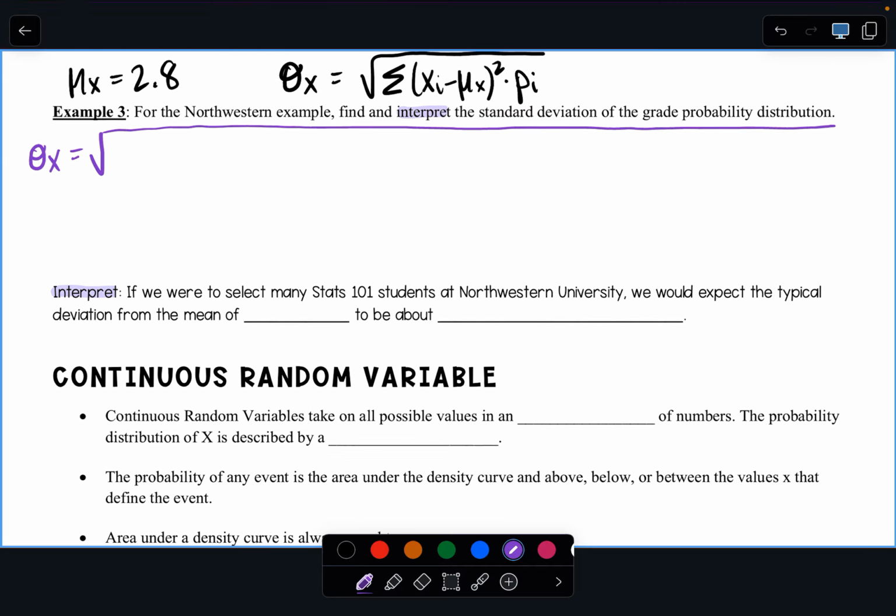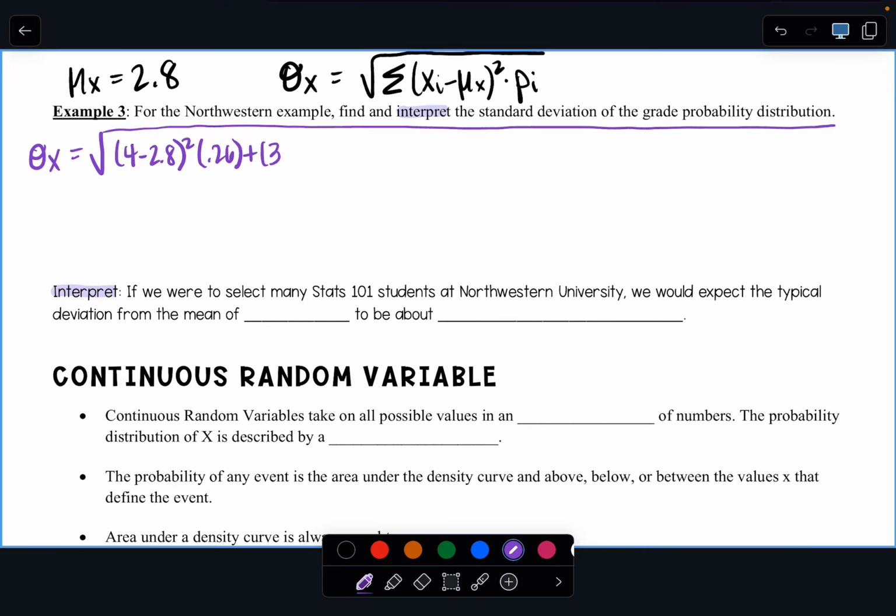Once I have my square root, remember, this term is happening for every single outcome. So I'm going to take 4, because that's my first outcome, minus 2.8 squared times 0.26. And it's literally just plugging in numbers. Yes, it is kind of annoying, which is why I usually say use the calculator. But I want you to at least be prepared in case they ask you which of these calculates the standard deviation correctly.